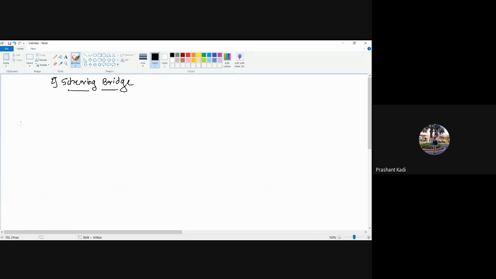We'll draw the bridge network. C1 is in parallel with resistance r1. In the second arm, C2.